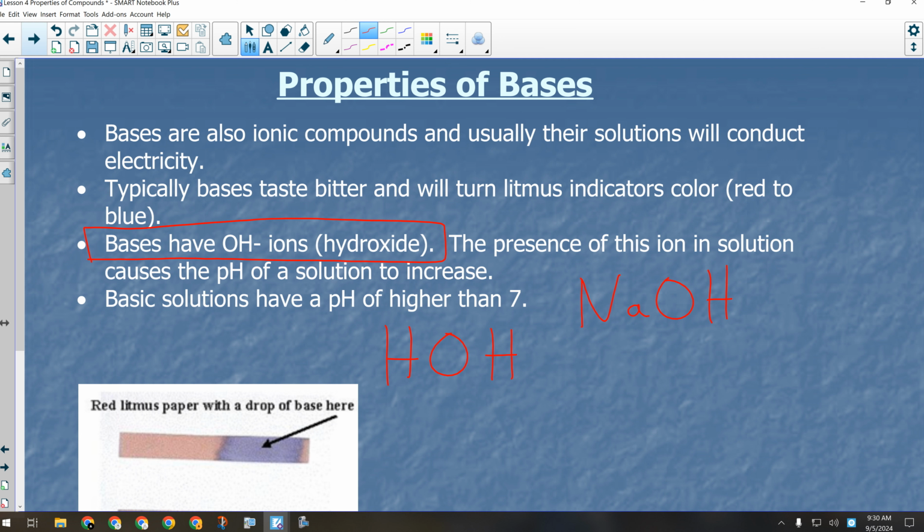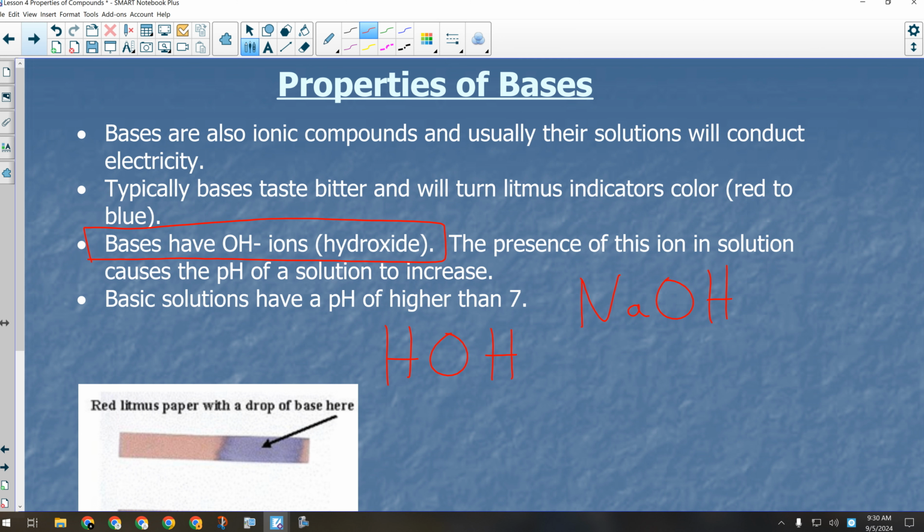But if I write it HOH, still the same thing, but I've got the thing that's most acidic and the thing that's most basic together. Water's neutral. It's got hydrogen and hydroxide. Plus it's molecular, it doesn't actually dissociate. But sometimes in a reaction we write water like this and make it behave like an ionic compound.